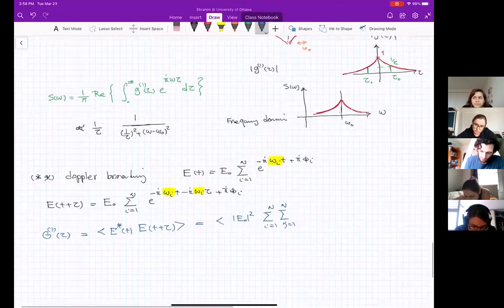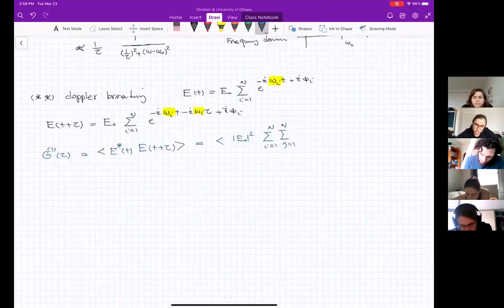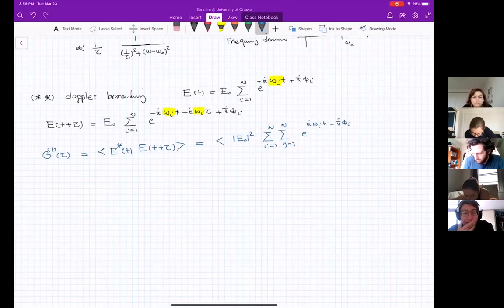The first one goes with a star, which is minus 1, that will be positive, e to the i omega_i t minus i phi_i. Then we have e to the minus i omega_j t minus i omega_j tau plus i phi_j. And that's the average.